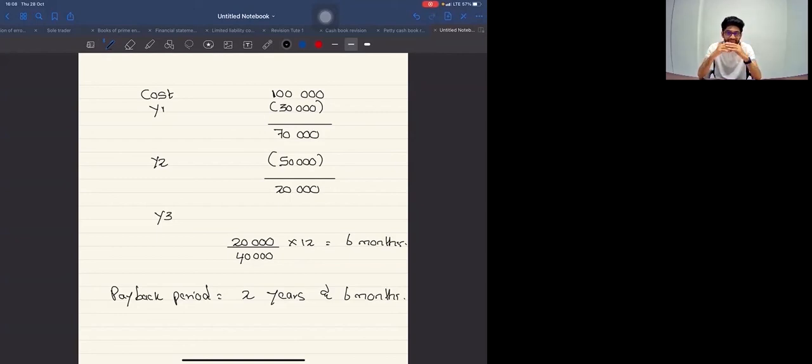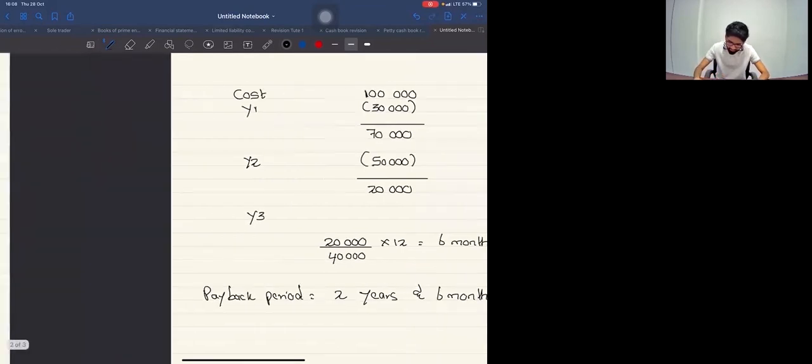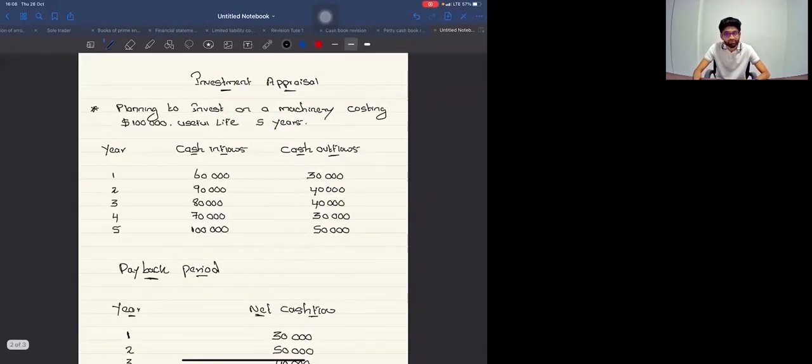There are other methods as well, but before that, what is a major concern when it comes to payback period? I told you at the start that all these are your forecasted figures, budgeted figures, and these are not your actual figures.